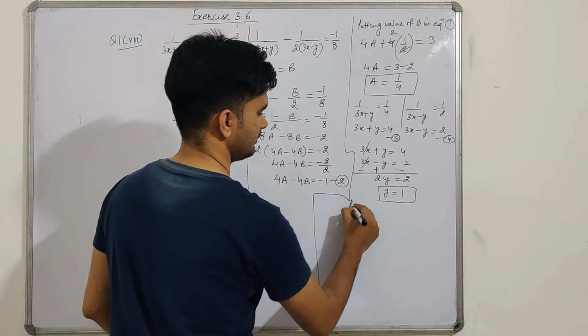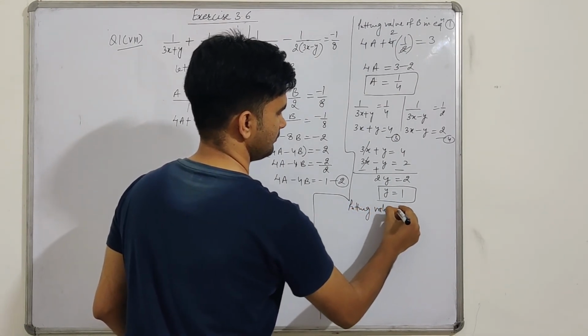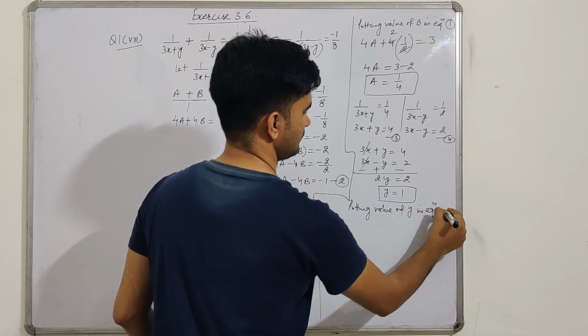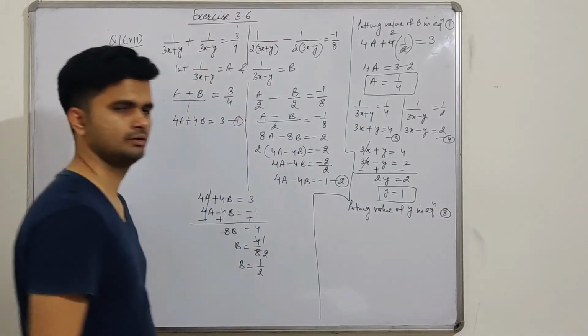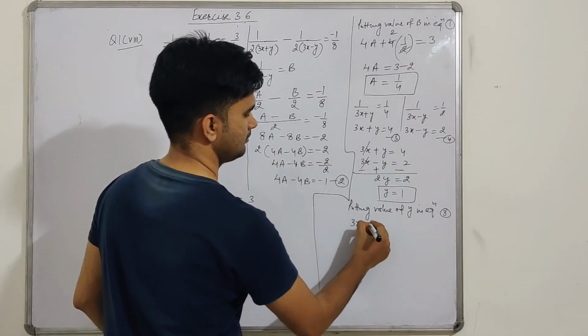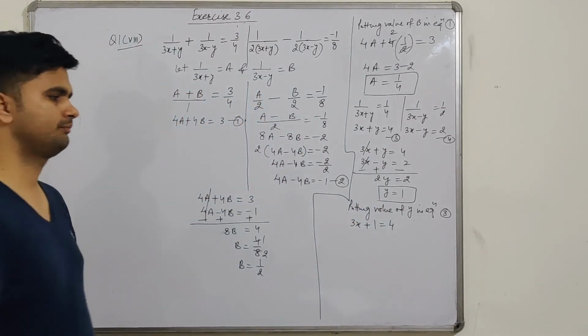Then putting value of y in equation 3, then 3x plus y, which is 1, is equal to 4.